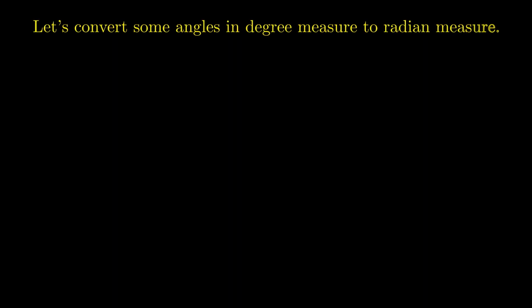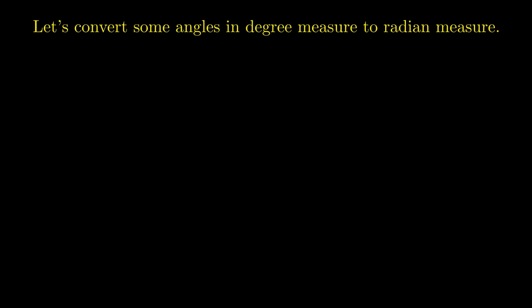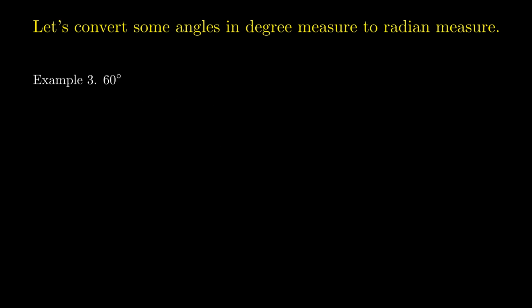Now let's convert some of the important angles in degree measure to radian measure. For 30 degrees, it's pi over 180 times 30, which simplifies into pi by 6. For 45 degrees, radian measure equals pi over 180 times 45, which is pi by 4 radians. 60 degrees is simple as well.